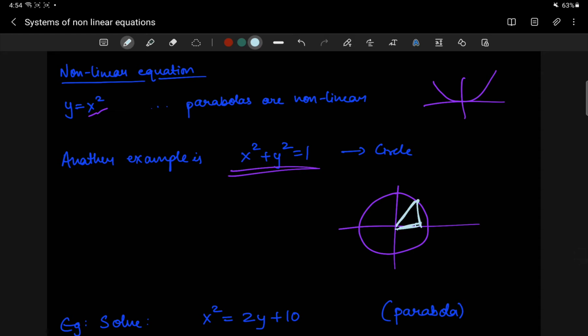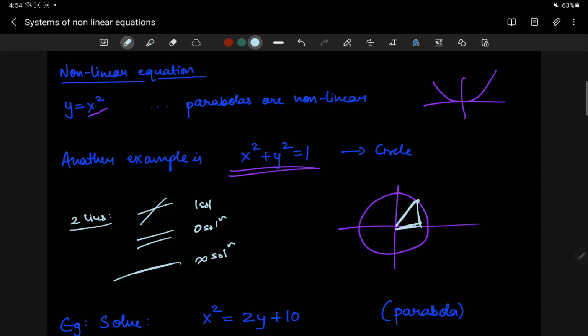So here's the fundamental goal. When we studied lines, we saw that if we have two lines, we have one of three things happening. Either they intersect and there is one solution, or they are parallel and there is zero solution, or they are overlapping and there are infinite solutions.